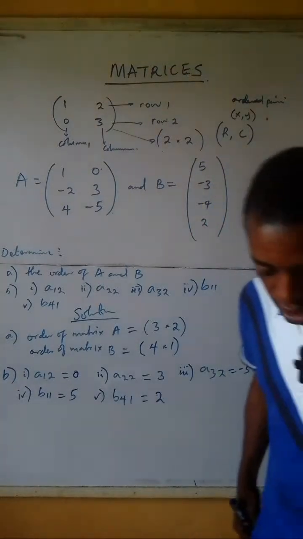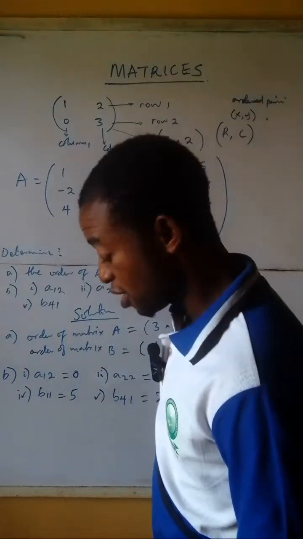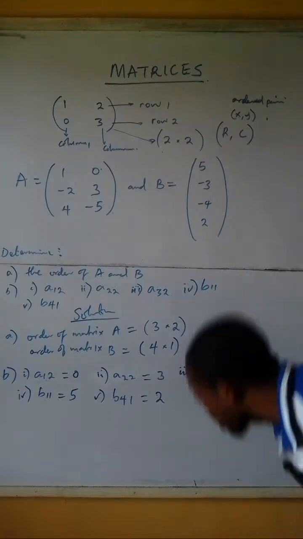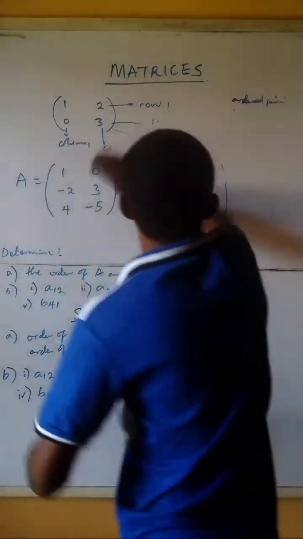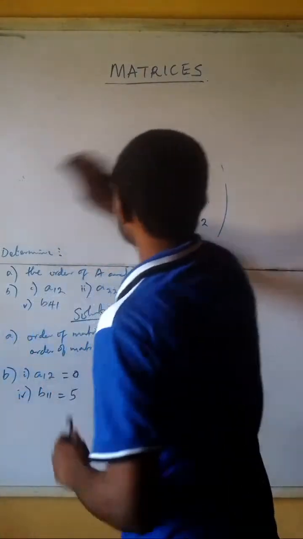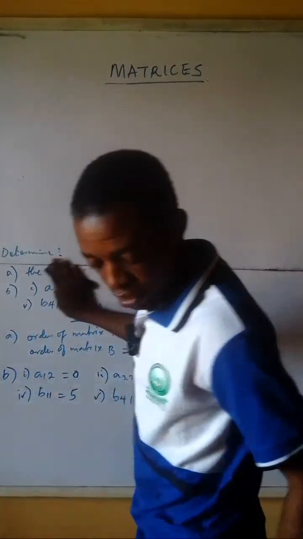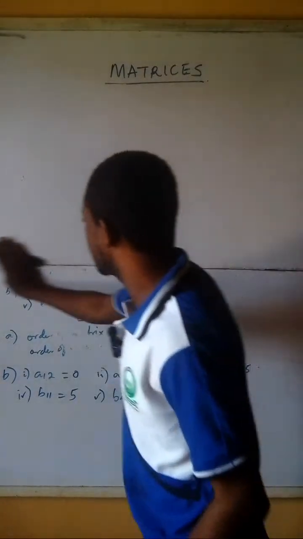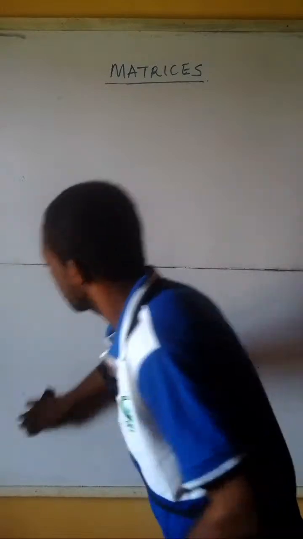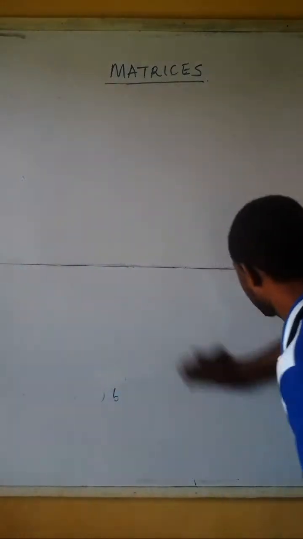Now let's look at the types of matrix. In this class, the types of matrix. Next, we have some types of matrix, and we go through it in this class. The first one here, we have a row matrix. A row matrix. Let me quickly show this.